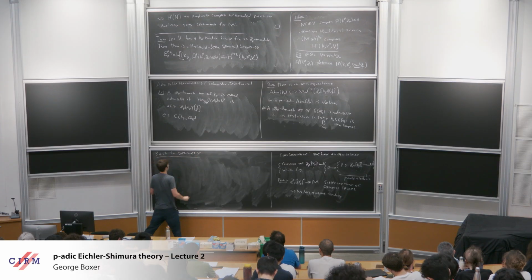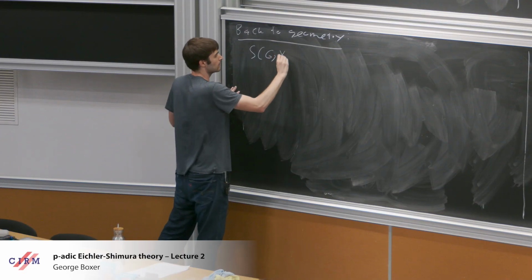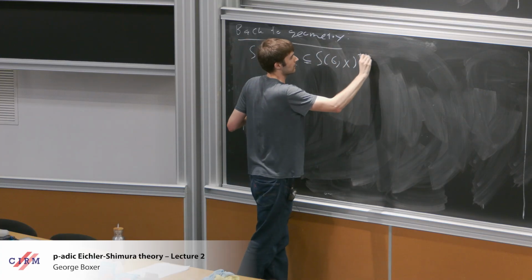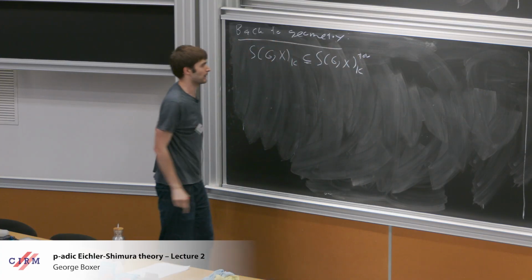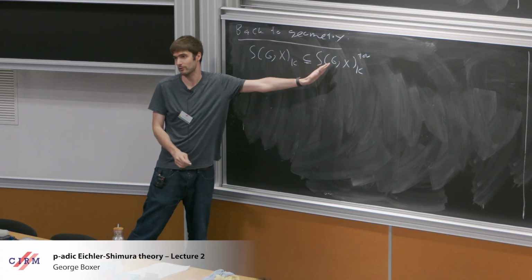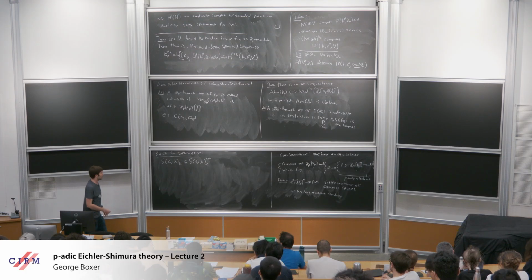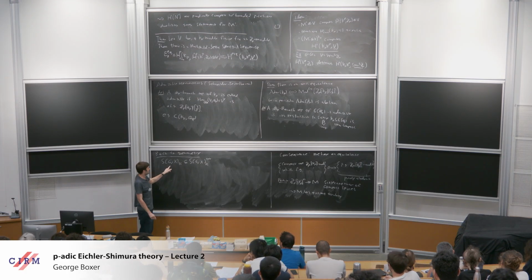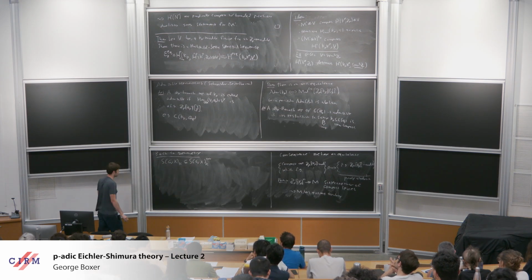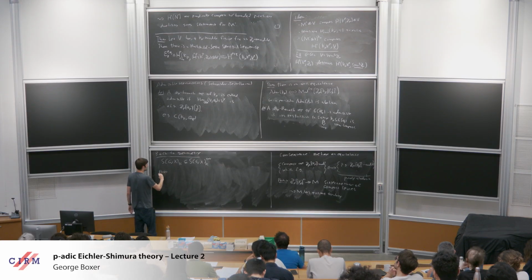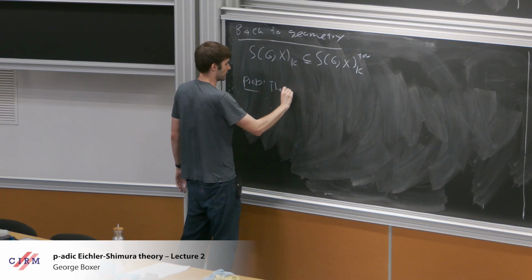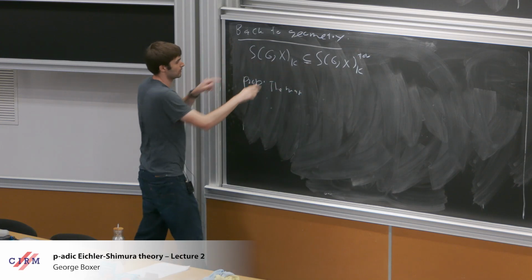Completed cohomology was defined using the open Shimura variety, and we have this toroidal compactification, which we haven't really explained precisely, but you can just think about the case of the modular curve, the open modular curve and the compactified one. The first thing I want to explain is that completed cohomology can also be computed on the toroidal compactification. So, proposition. There's a restriction map from cohomology here to cohomology here.